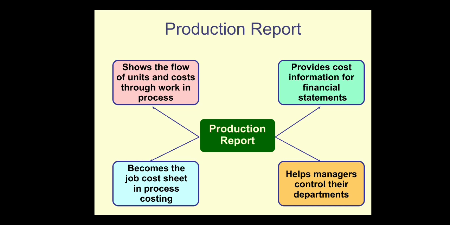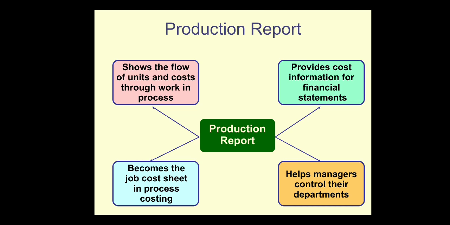Okay, the second point is it provides cost information for financial statement. So the second point says that if you have a company and you use a costing system, like other companies or businesses, at the end of the accounting period, you have to prepare income statement and balance sheet.